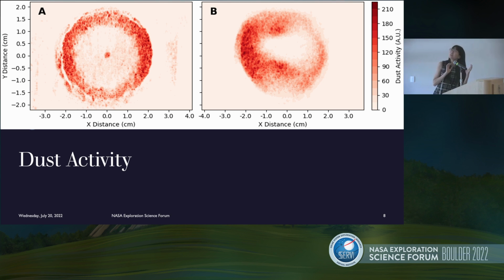The really cool thing is that not only do we see regions of dust activity on the top and bottom, but it's an asymmetric pattern. In this particular setup, there's more dust activity on the left side than on the right side. If you flip the magnet north to south, the image flips about the dipole axis, and you get a lot of dust activity on the right side, not the left side.